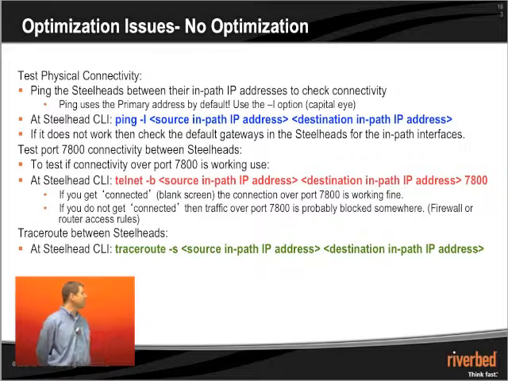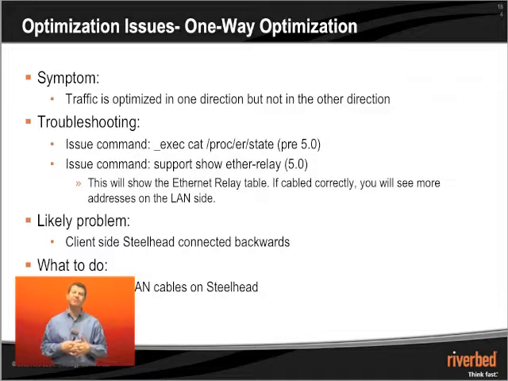Next, let's talk about one-way optimization. Traffic is being optimized in one direction, but not the other direction. You would be amazed at how often this happens. The cause of this typically is that the LAN and WAN cables are reversed. Remember from way back in section 2 or 3, we talked about auto discovery, and how auto discovery only works when naked SYNs show up on the LAN port.